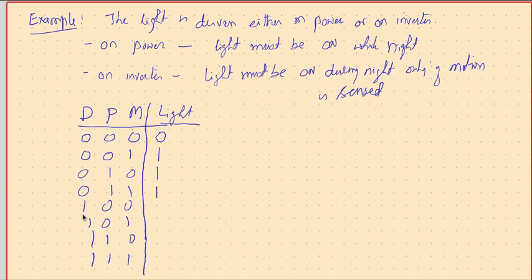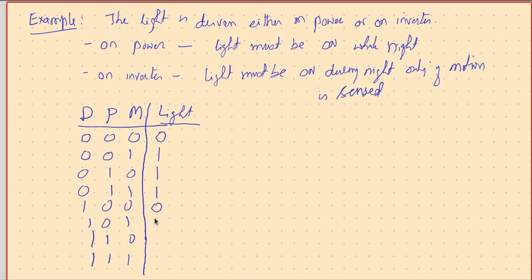Then the next conditions say it is day. When it is day, definitely I don't need the light to be turned on, whether there is power or not, whether motion is detected or not. Because it is day, we don't need any light.